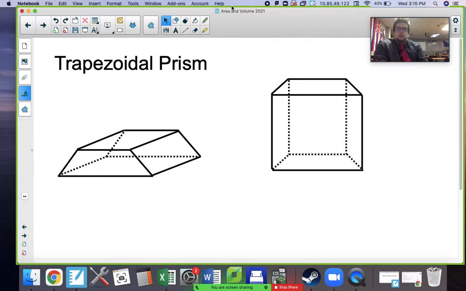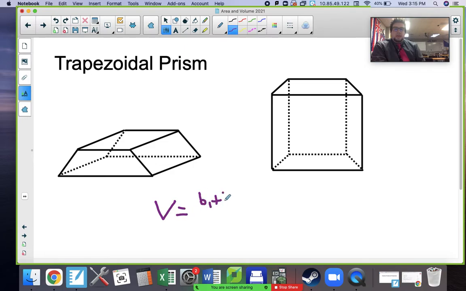So if we were to find the volume of a trapezoidal prism, we're first going to find the area of the trapezoid. So we're going to have base 1, base 2, or vice versa. In my last video, I did this top one as base 1, so I'm going to stay consistent. Base 1, base 2.